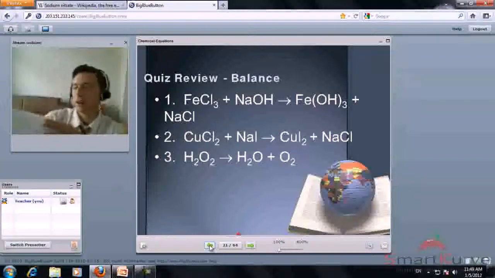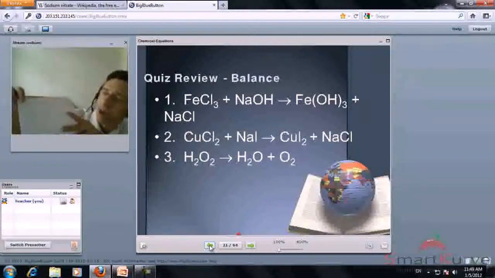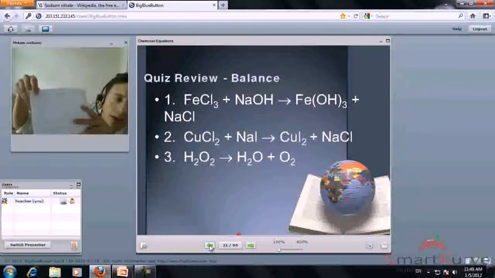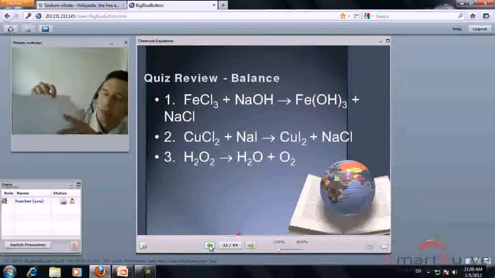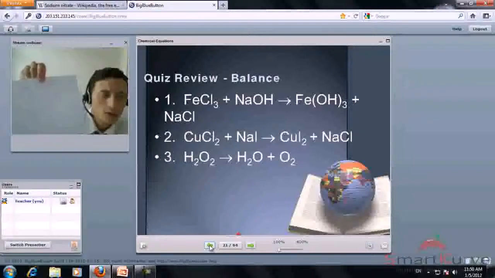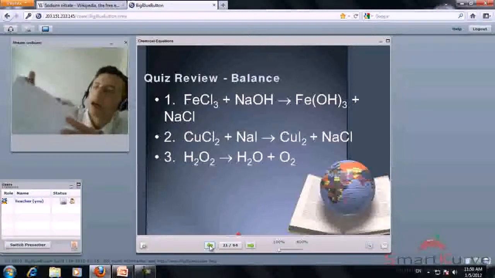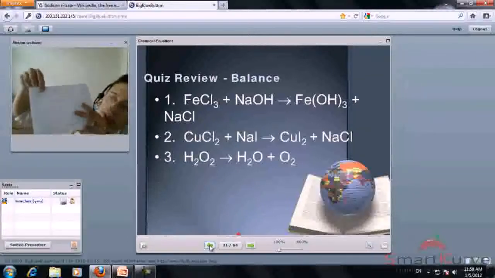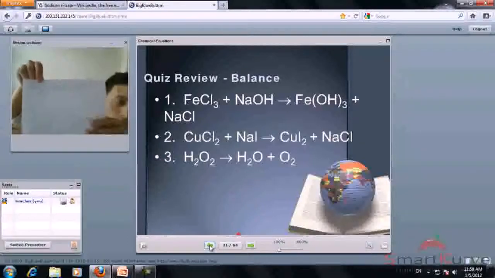Let's start, remember we go one element at a time, so let's start with the iron. In our reactant side we have 1, in the product side 1. So far so good. Let's move on. Next, chlorine. In the reactant side we have 3 atoms of chlorine. However, on the product side we only have 1 in that sodium chloride molecule.